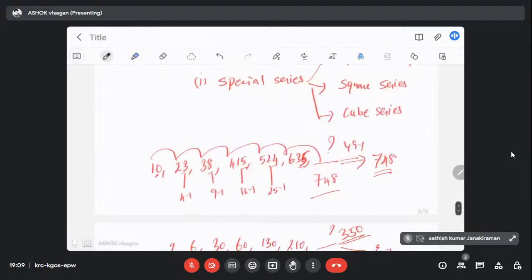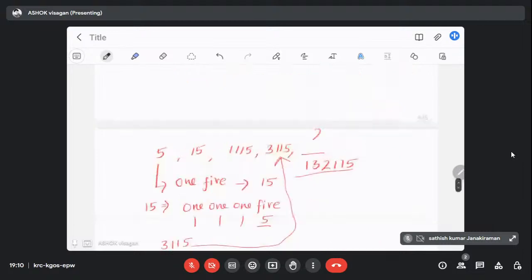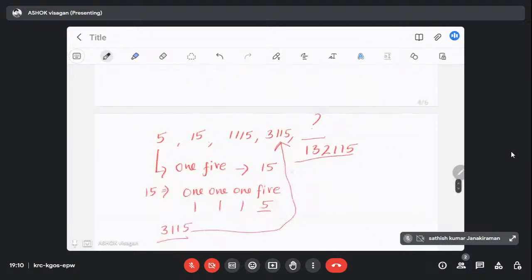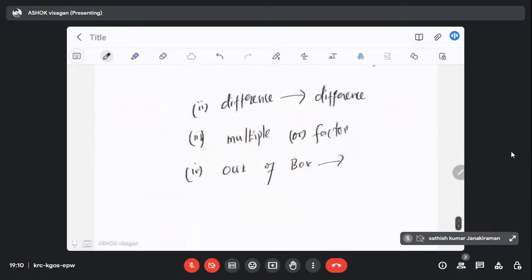So this model of question will not come under any kind of multiplication, division, or any particular specific pattern behind that. This is out of logic only. So sometimes they may ask you out of logic questions. So you need to be very, very careful with these types.